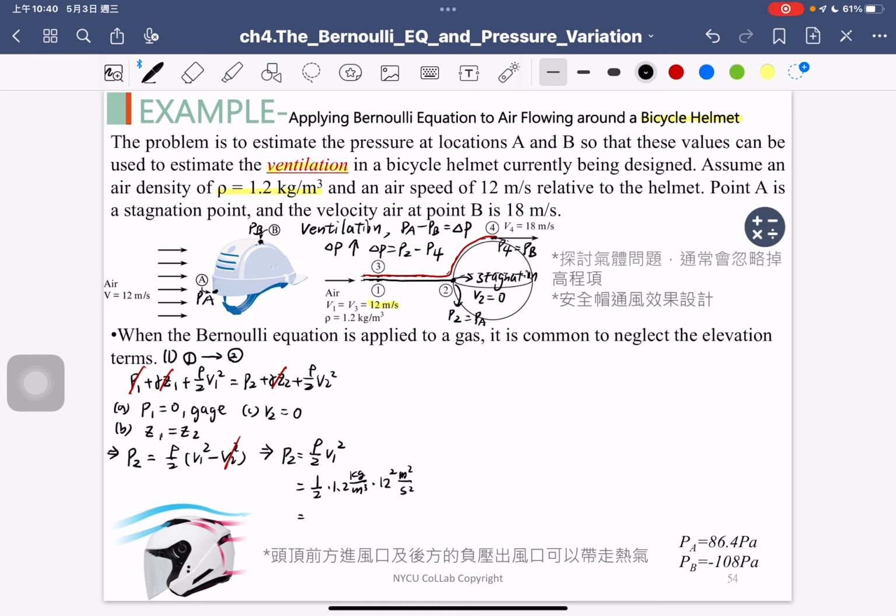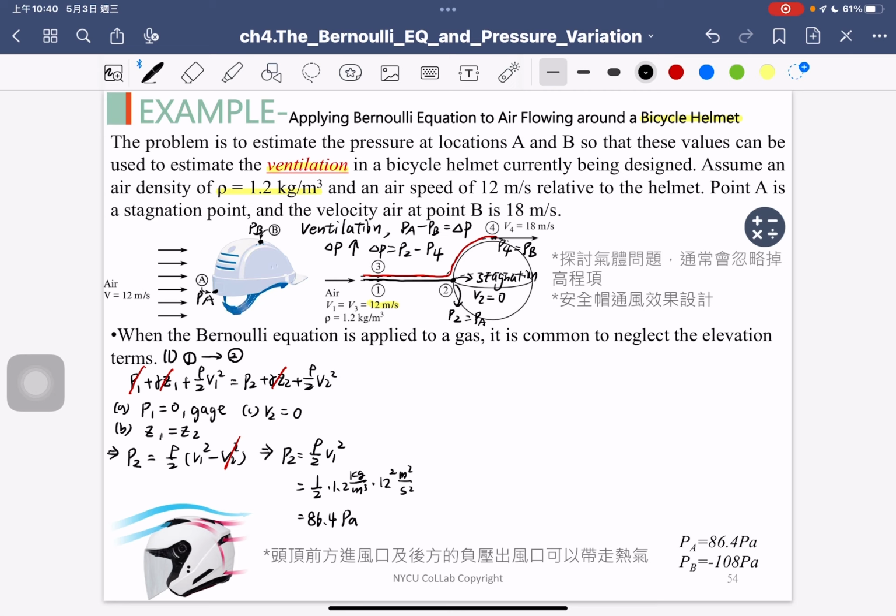You can compute 1.2 divided by 2 multiplied by 144, so the answer is 86.4.